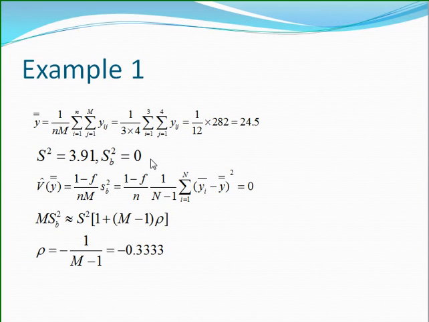So S_b square is 0, and the estimate of the variance of the mean of the sample is this equation. In this equation, S_b square is 0, and okay, the whole thing comes to 0.